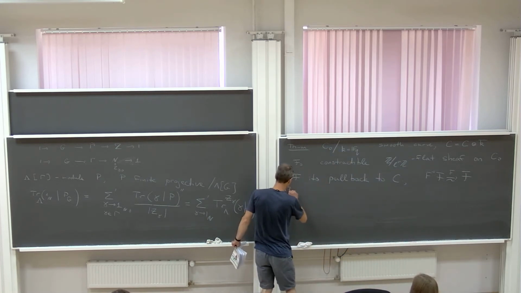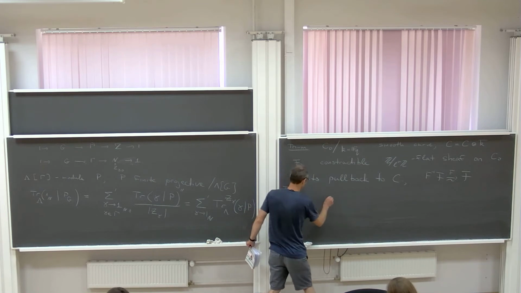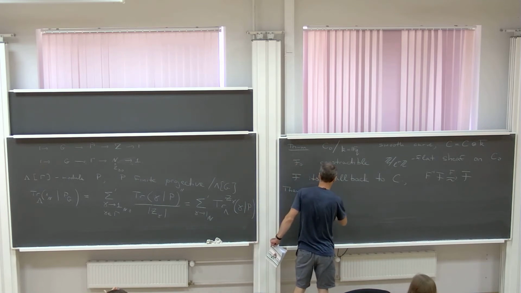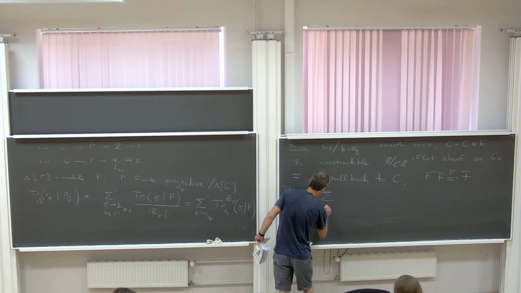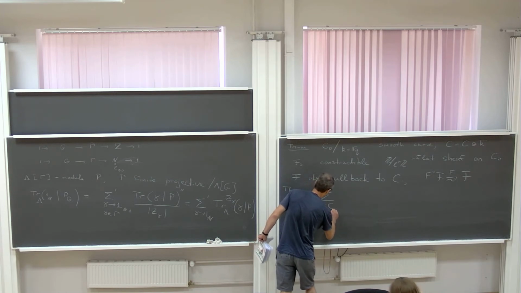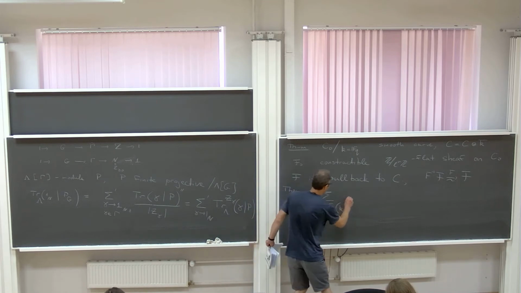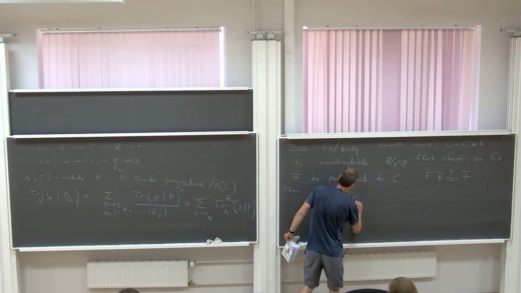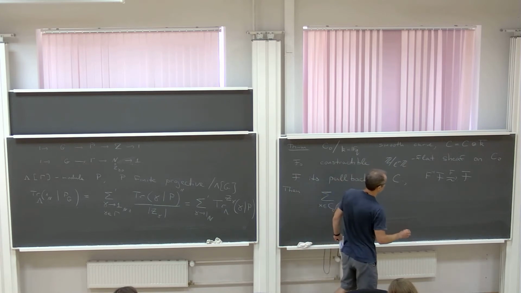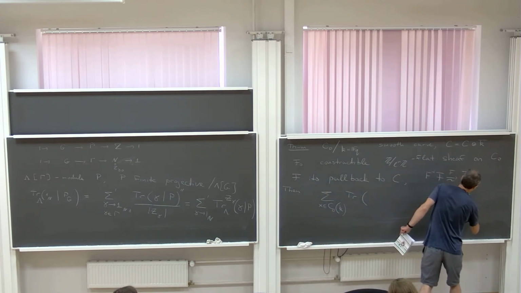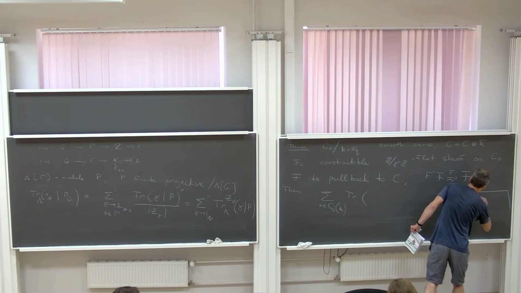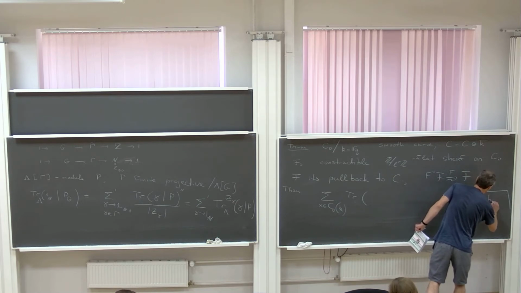And then the formula is that if we take the sum over all rational points of C0 of traces, and here, as always, I will assume that L is not the characteristic of K, which will be p.